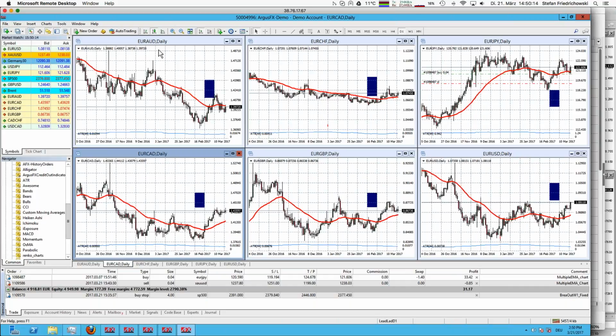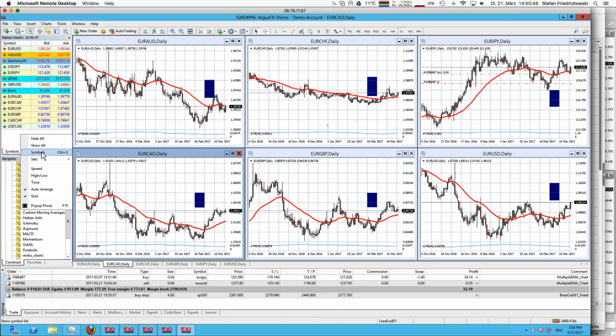That means if we want to trade the symbol with the most trending behavior, it would be Australian dollar against Canadian dollar, because this one has the highest slope up and this one has the highest, or mathematically better, the lowest slope downwards. So it would be Australian dollar against Canadian dollar.